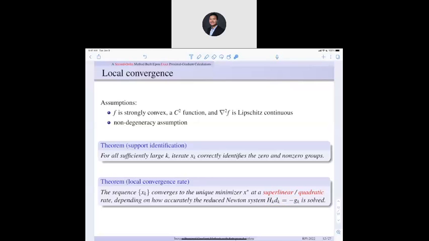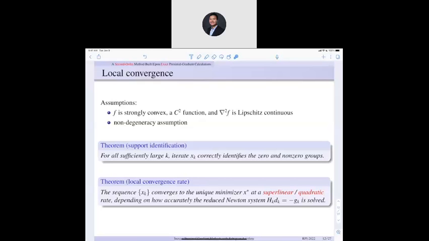It depends on some other things, but those can all be easily implemented. So the takeaway message is that this algorithm can be superlinearly or even quadratically convergent if you want that. And typically we do, because typically they perform better in practice.